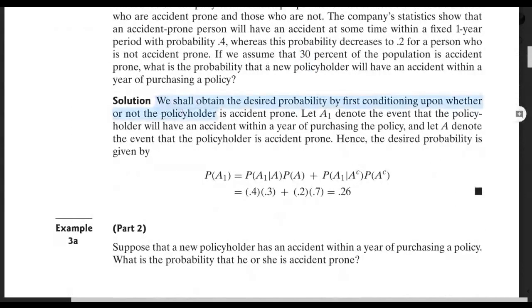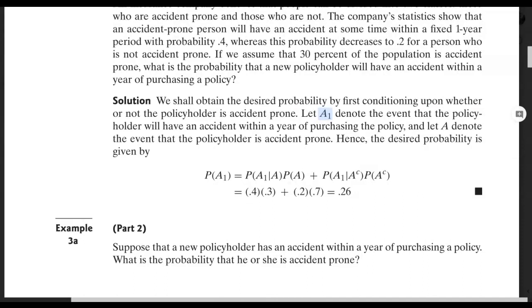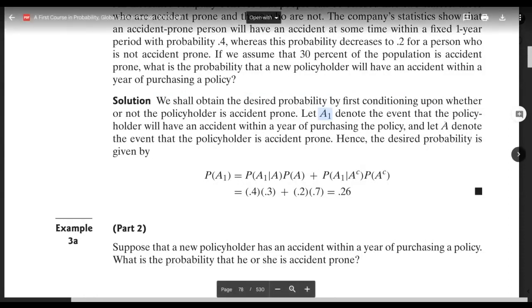We shall obtain the desired probability by first conditioning upon whether or not the policyholder is accident prone. So we denote A1 the event that the policyholder will have an accident within a year, and the letter A denotes the event that the policyholder is accident prone.